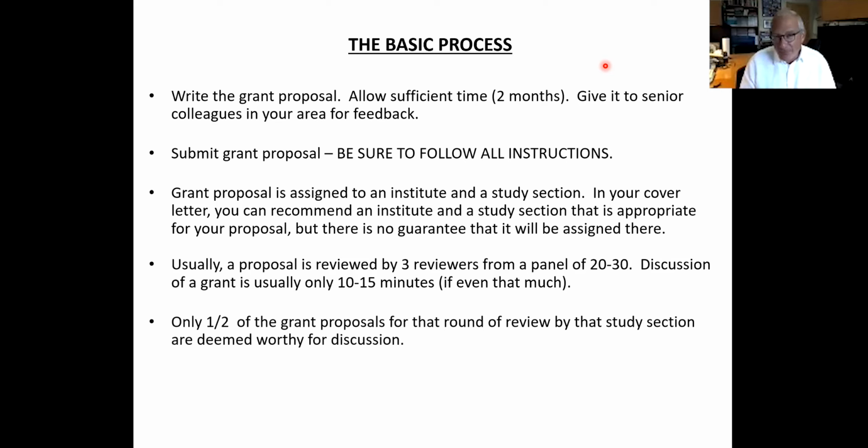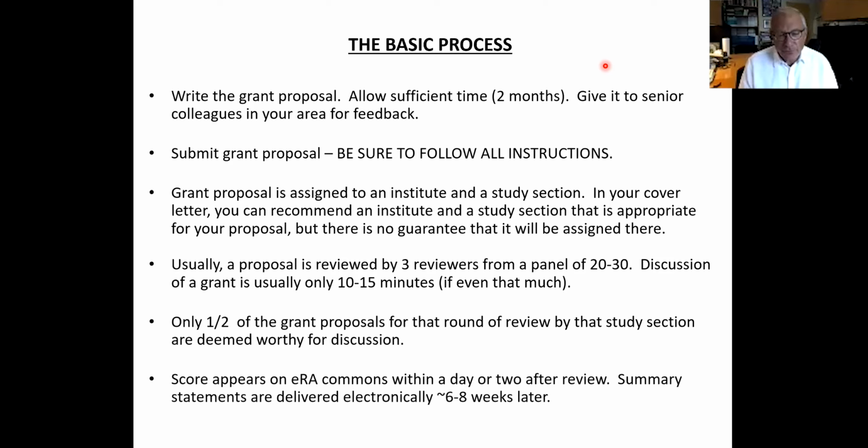You get the summary statements back that have the individual reviews of the reviewers assigned to the grant, but you don't have the benefit of the roundtable discussion, which is kind of important because sometimes a reviewer might make a mistake or might misunderstand something that another study section member or reviewer can correct. But nonetheless, you get those summary statements back, and you should read them very carefully and respond to those criticisms.